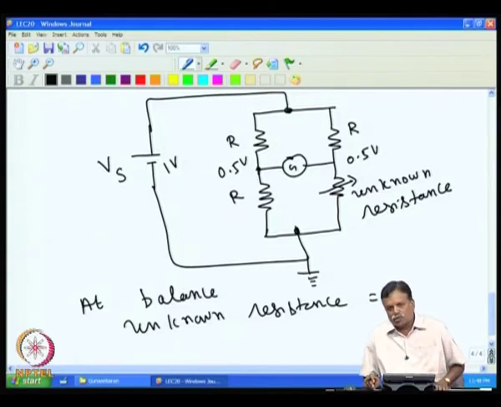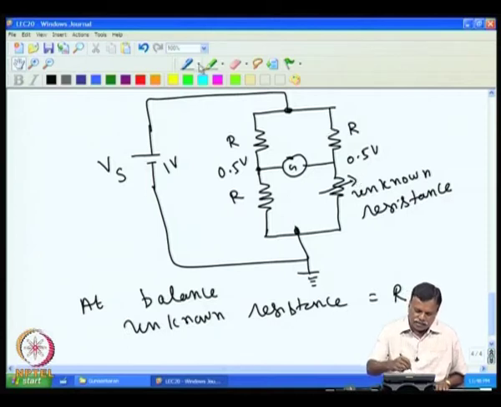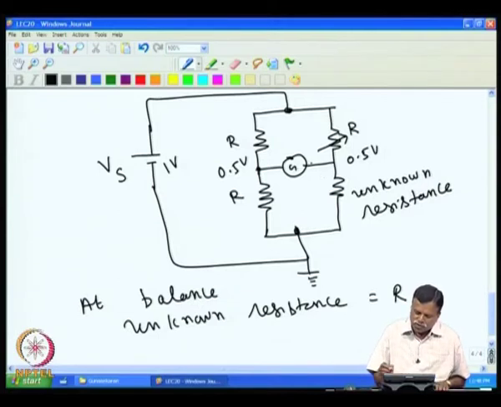Now, why is it so popular? It is a very simple circuit, and it is easier to measure also. Normally, we keep this unknown resistance here, and if I want to know its value, I vary this so that the bridge is balanced, so that the galvanometer shows no deflection.